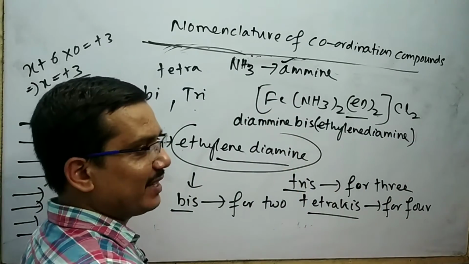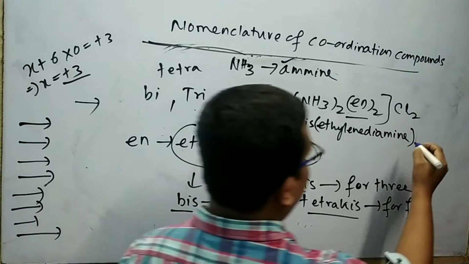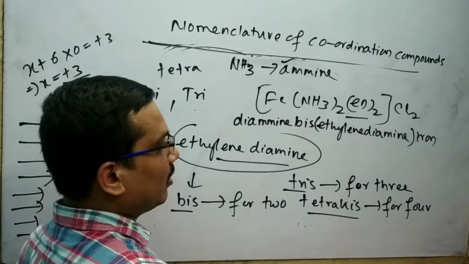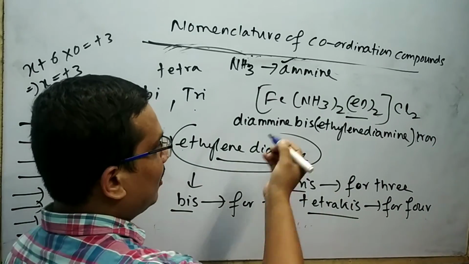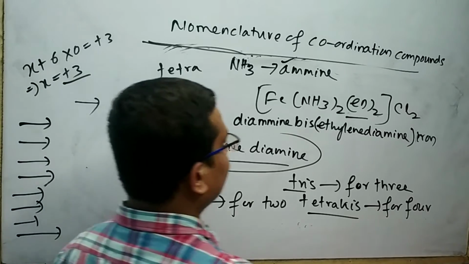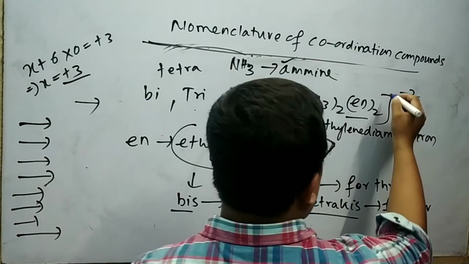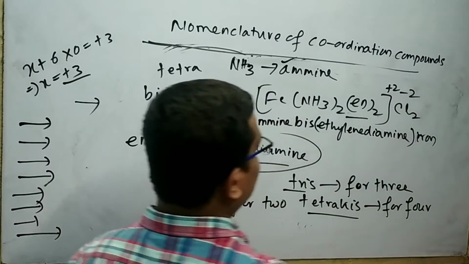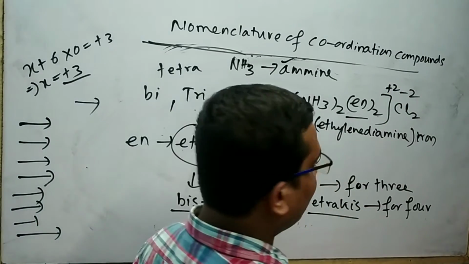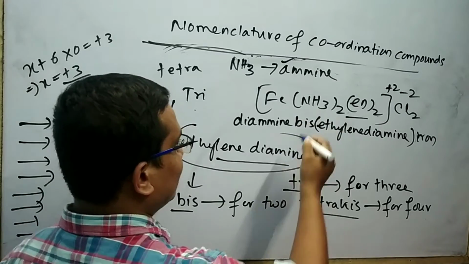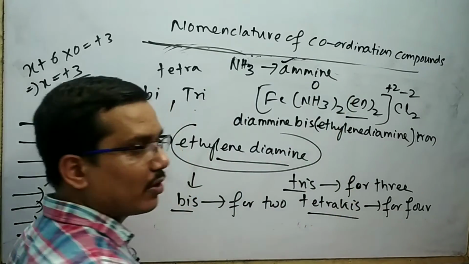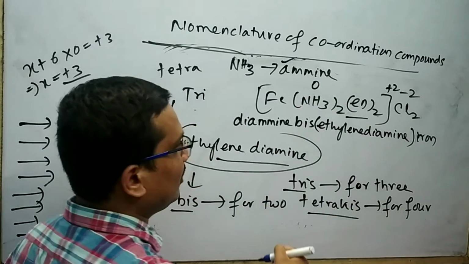Here the iron is present in the cationic complex, so it is bound to write the word iron. Next I will write the oxidation state of iron. Look at that. Here I can write -2 for the two chlorides, so I can write +2 on the coordination sphere. We know that NH3 is a molecule, so I can write 0 for NH3.